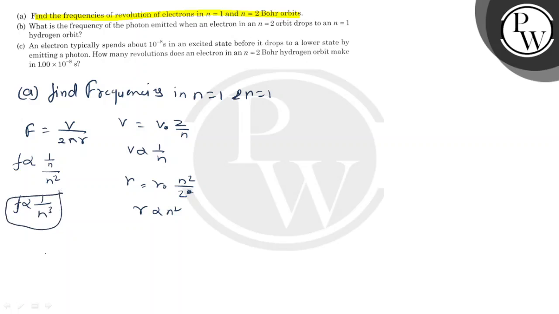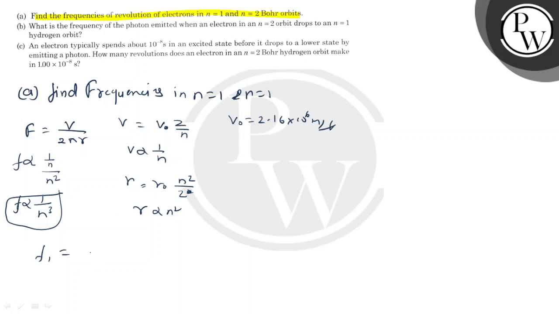So first of all we find the frequency in the first orbit. Then f1 equals v upon 2 pi r. The velocity in the first orbit is v naught, where v naught equals 2.18 into 10 to the power 6 meter per second. Z is the atomic number and n is the quantum number.